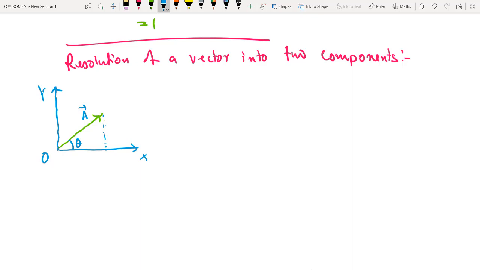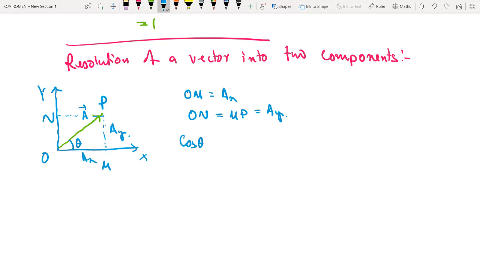So let it be P, M, N. So here OM is AX, so this is AX and this is AY. ON or MP equal to AY. Then what is cos theta?